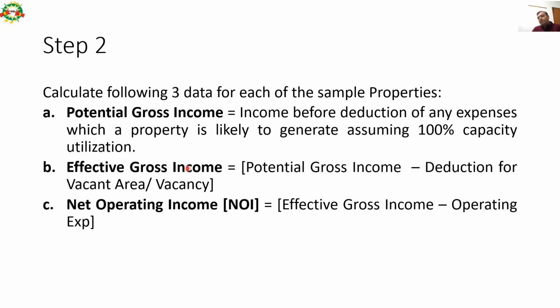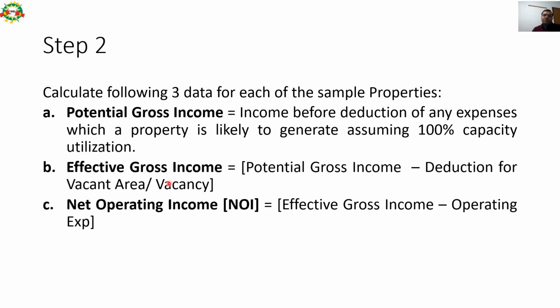Say a building has 10 flats or 10 rooms, then we have to assume that all 10 rooms are fully occupied throughout the year, and accordingly calculate the potential gross income, assuming 100% capacity utilization of the property.